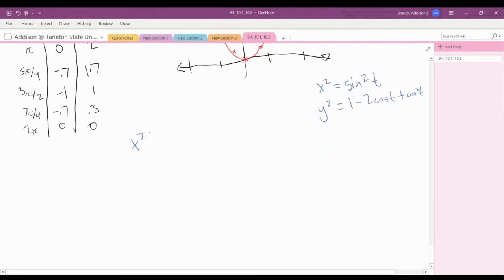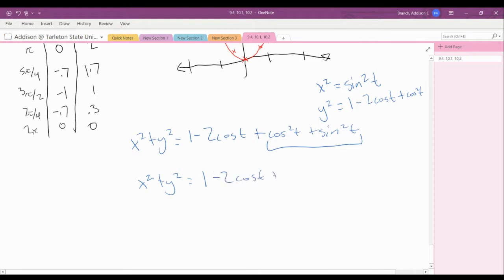If we put x squared plus y squared together, we get 1 minus 2 cosine of t plus cosine squared of t plus sine squared of t. This can be combined together to 1. So x squared plus y squared is equal to 1 minus 2 cosine of t plus 1. So we only have that one t left.